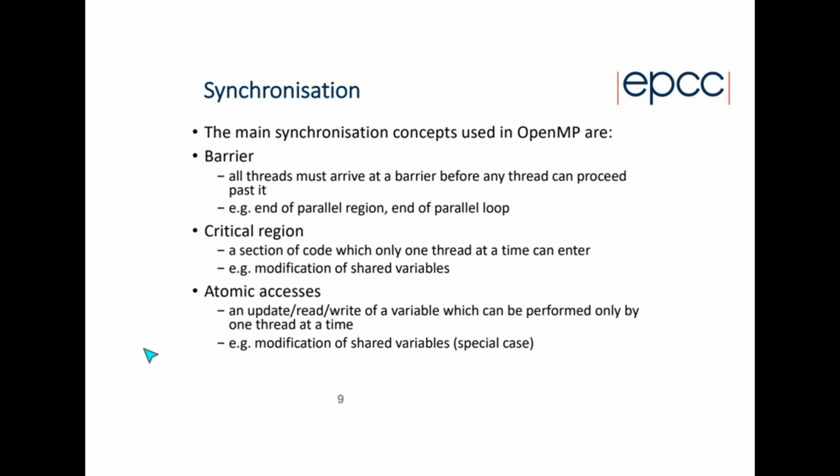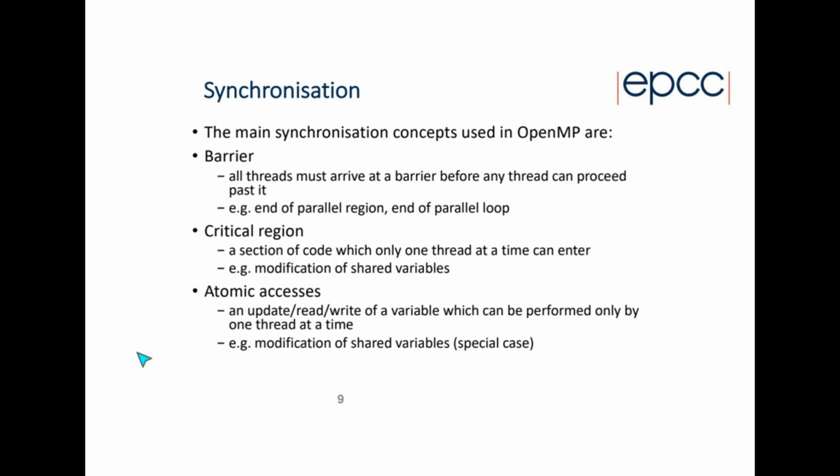There's a restriction on what you can do here. The straightforward OpenMP mechanism for parallelizing loops only applies to loops where the iteration count, so how many loop iterations there are going to be, can be computed before the execution of the loop begins. It doesn't have to be known at compile time, but the runtime has to be able to calculate how many iterations there are going to be before the loop executes.